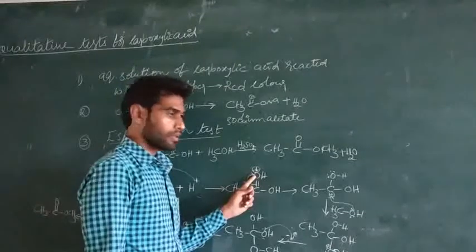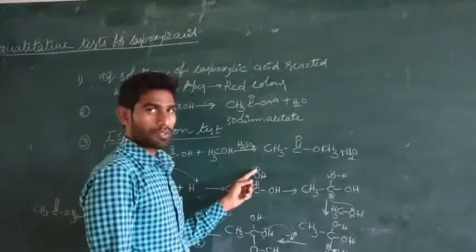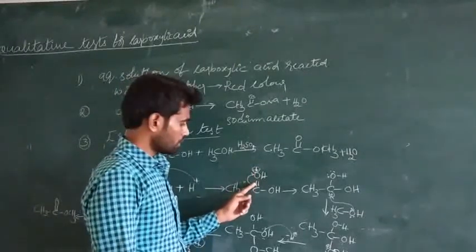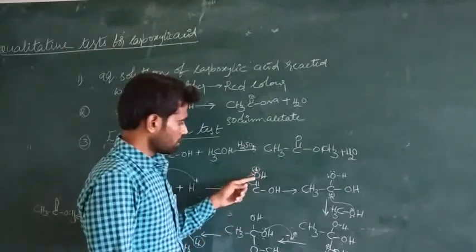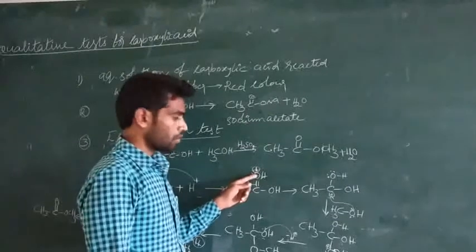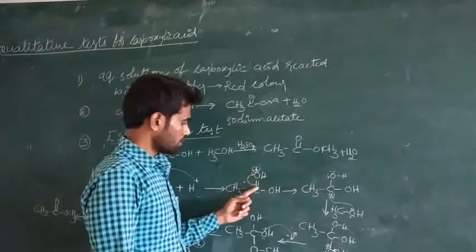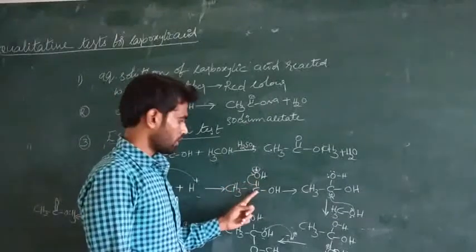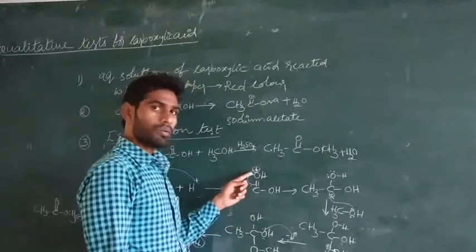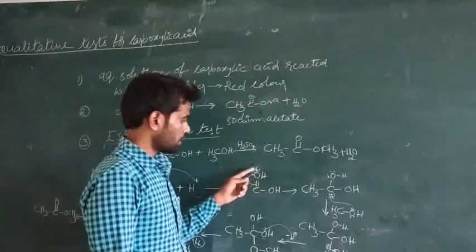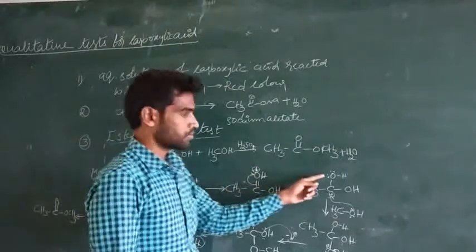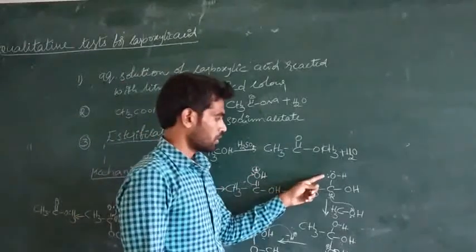Now what happened here? Oxygen is getting positive charge, and oxygen has 3 bonds, 1, 2, 3. Due to this positive charge, the oxygen atom, being more electronegative compared to carbon, is pulling electrons towards itself, and now the oxygen atom again gets its lone pair of electrons.